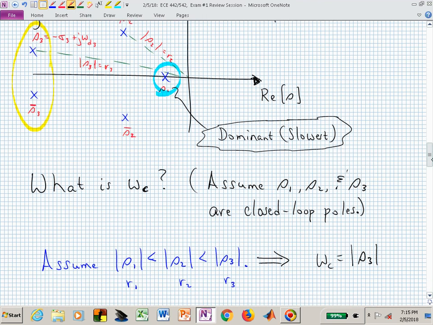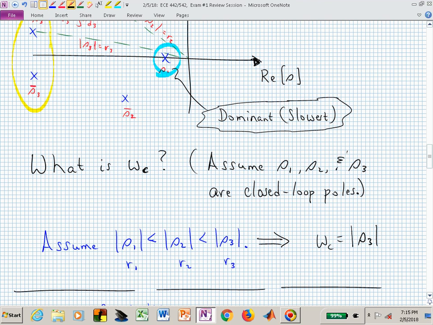And once you have that, then you could say, oh, 2 pi over t, which is omega sub s, is 30 omega sub c. So in this case, omega sub c was the magnitude of S sub 3. We now have t as 2 pi over 30 magnitude of S sub 3.